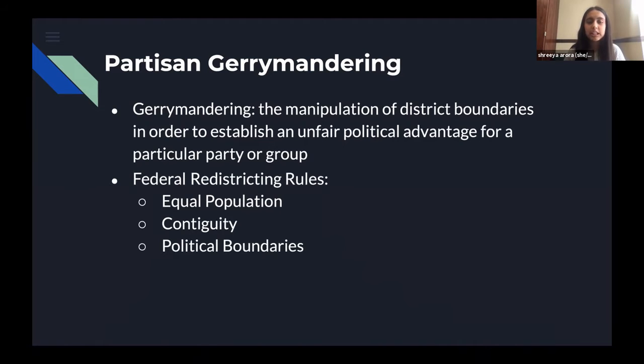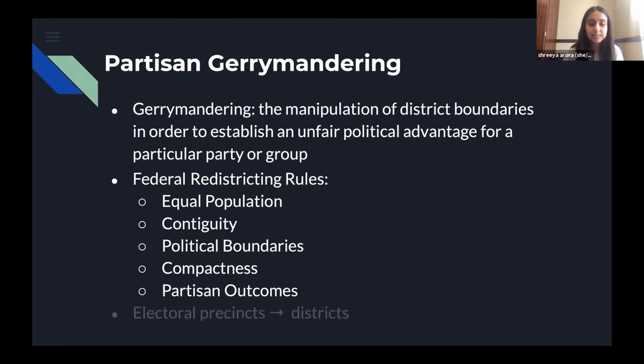You want your districting to follow city lines, county lines, and other political boundaries. You also want the districting to be compact, so looking at what's nearby and not creating a very stretched out district, but actually making it fair to what's nearby. And then also looking at partisan outcomes, which we just touched on a little bit, and looking at the actual voter statistics.